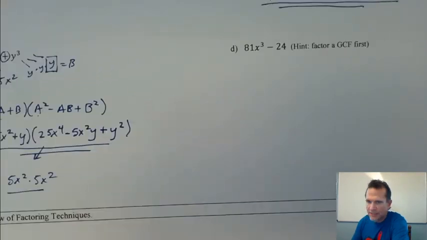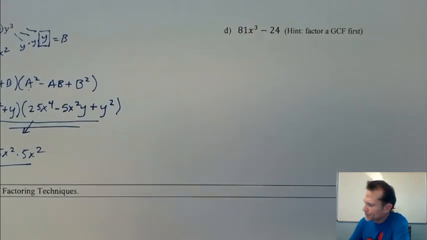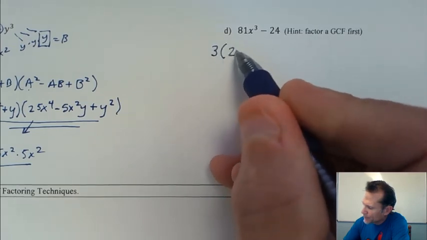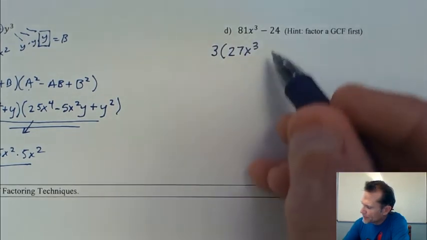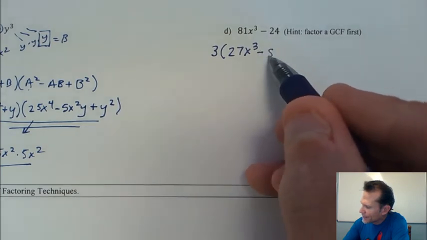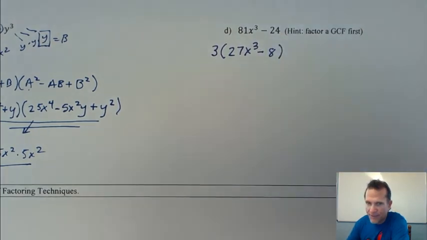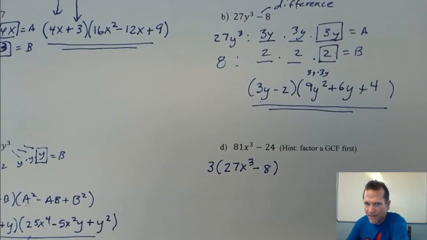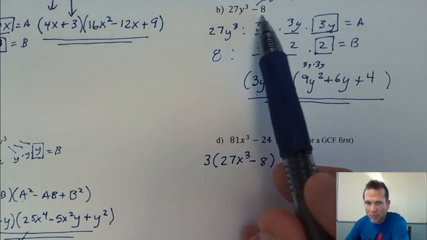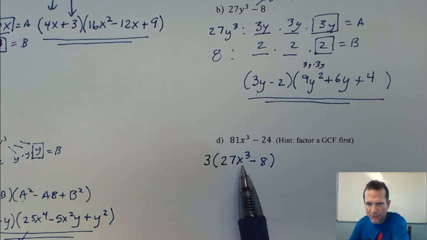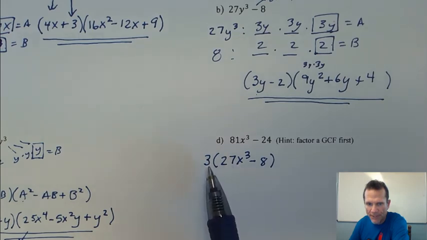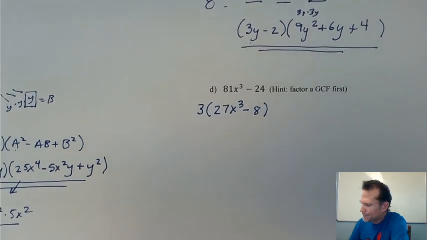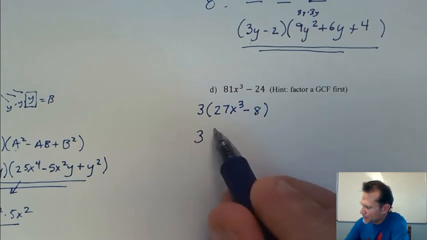All right, let's take a look at this last one here. There's a hint here. It says factor out a GCF first. If we pull the 3 out of this, we have 27x to the third minus 8. And that is very similar to the one above it. If you look above here, we already factored 27y to the third minus 8. Now we're factoring just a different variable here, and we have our greatest common factor. So doing that, we already know that the 3 is going to be up front.